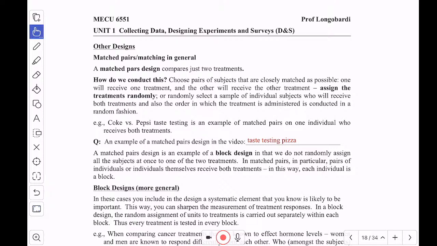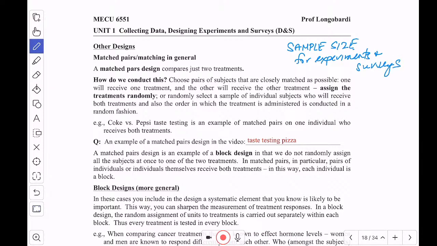All right, so we're going to talk about sample size. We're going to talk about sample size towards the end of the course, and that's really important, but we're going to do it in a very general or simple way.